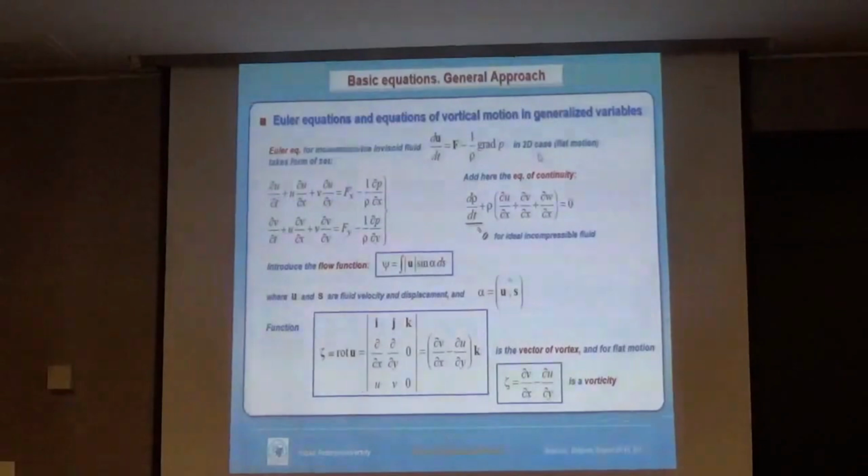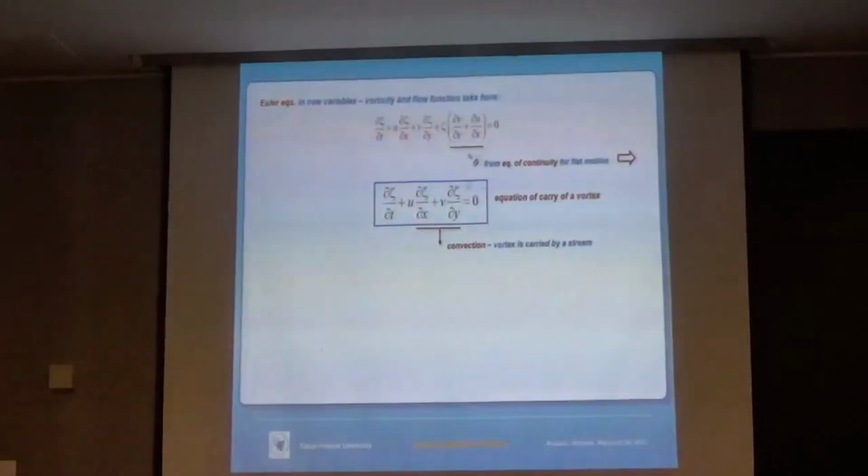Euler equations in new variables, vorticity and flow function, take the following form, where the last term equals 0 from the equation of continuity for flat motion.